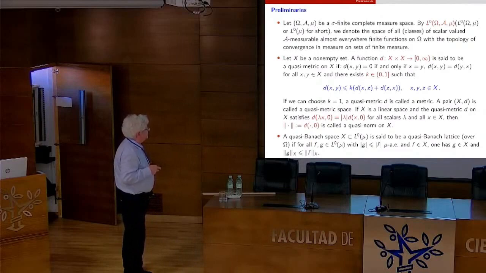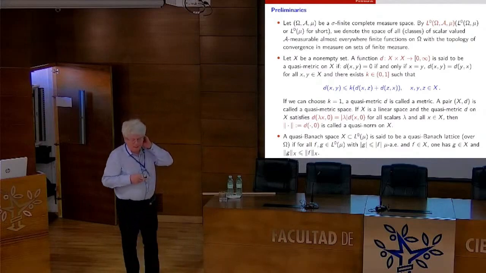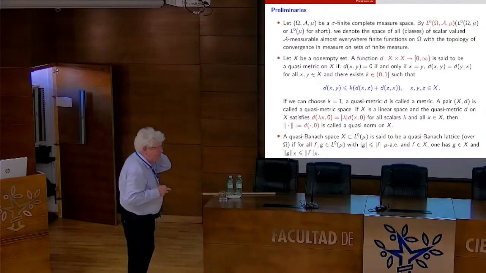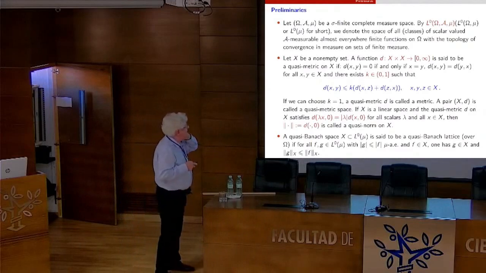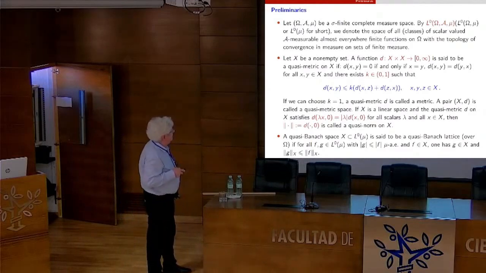And of course, in some problems, even in the study of the maximal Hardy operator on homogeneous metric spaces, people talk about quasi-metrics, like we talk about quasi-Banach spaces. So this is the general situation.